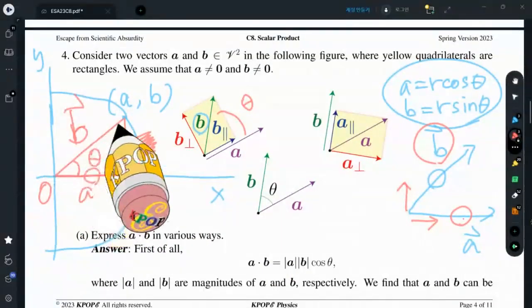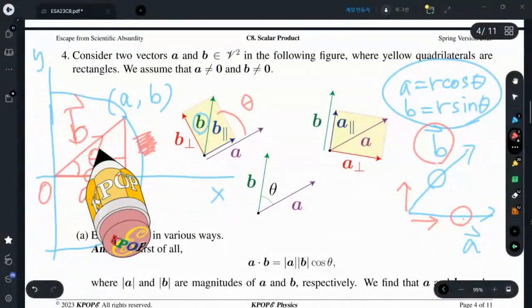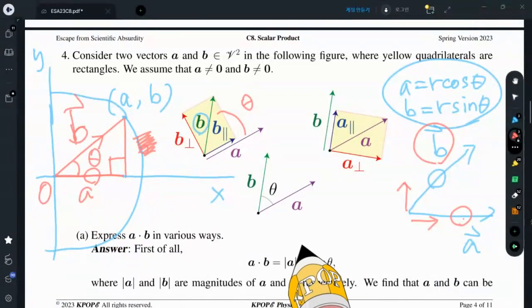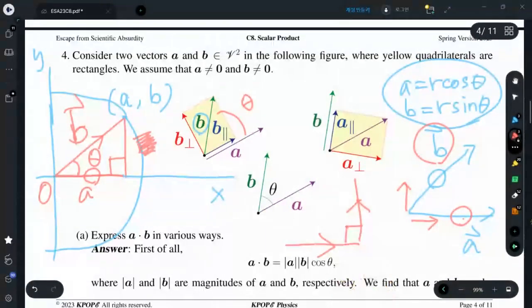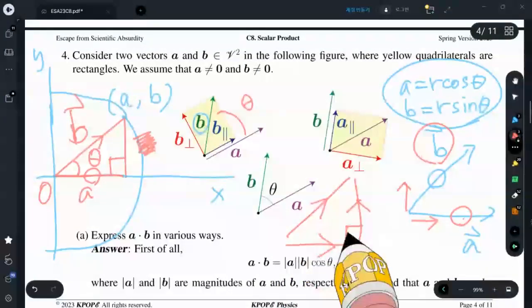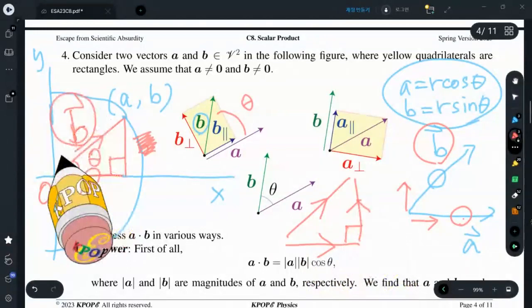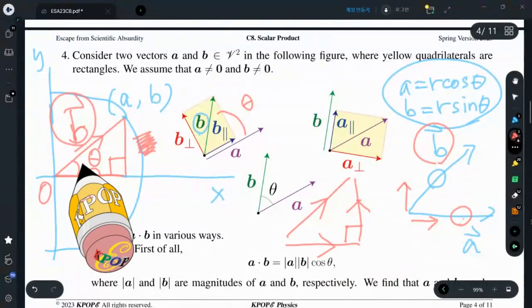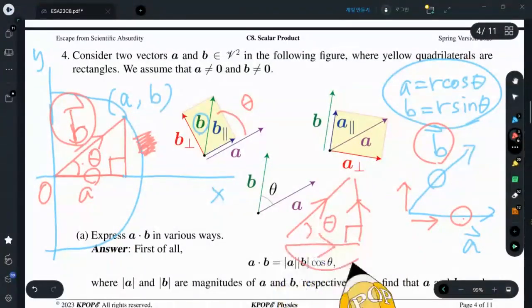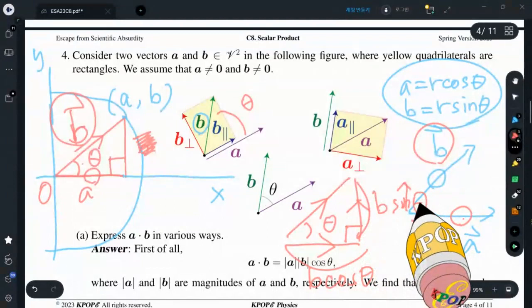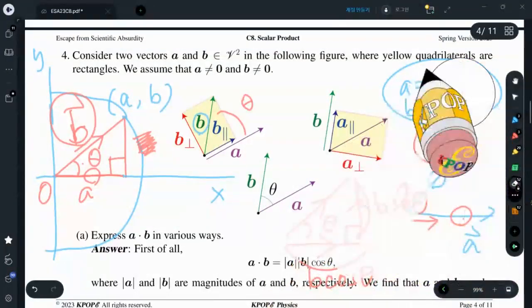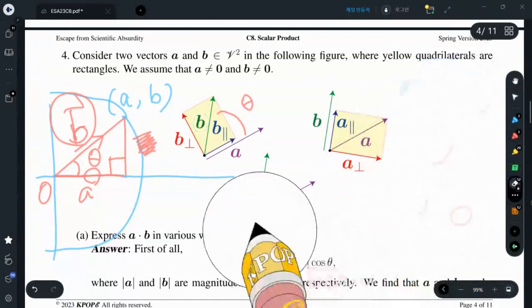Then this vector B can be decomposed into the sum of these two components, and they are perpendicular to each other to make a resultant vector equal to B. Because this angle is theta, we have this magnitude B cosine theta, and this is B sine theta.